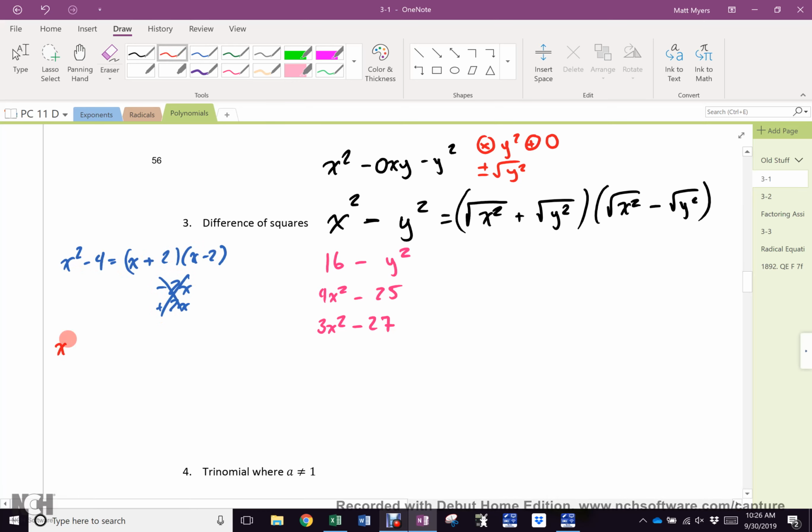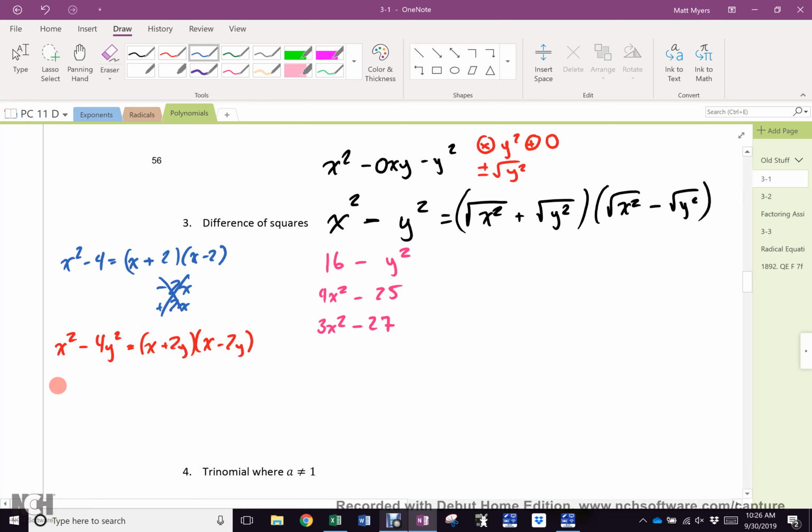What about x squared minus 4y squared? Now what is it? X plus 2y, and then x minus 2y.